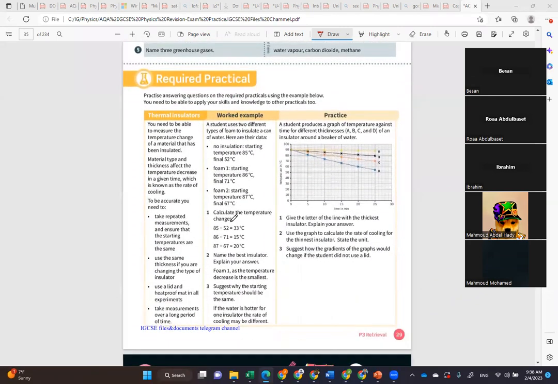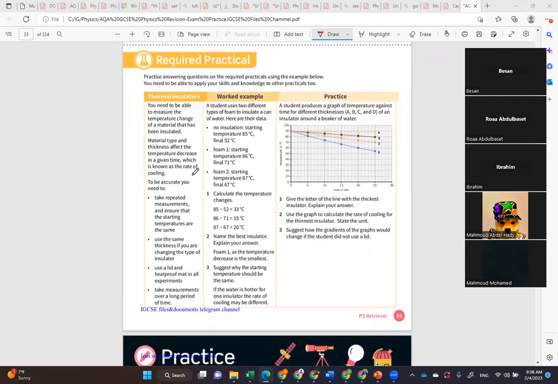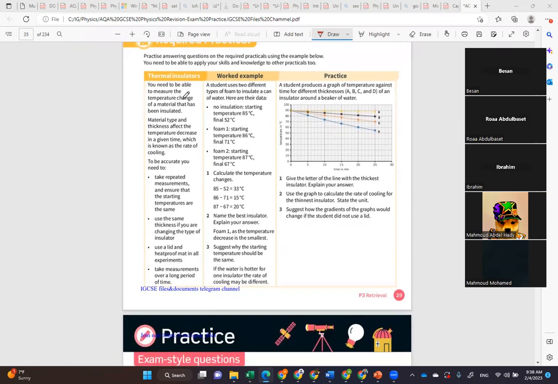So we're gonna start one of the required practicals. Answering questions on the required practical using the example below. You need to be able to apply your skills and knowledge to other practicals too. The thermal insulators.